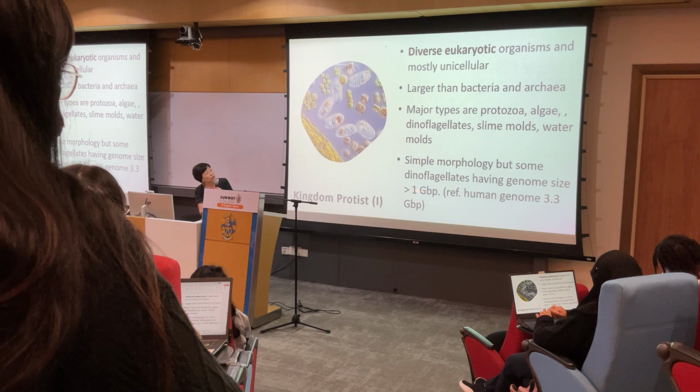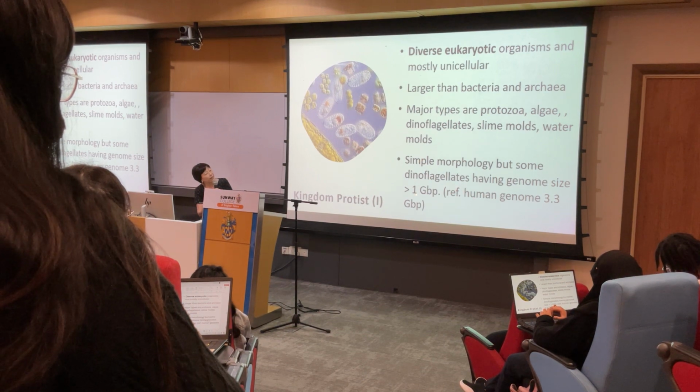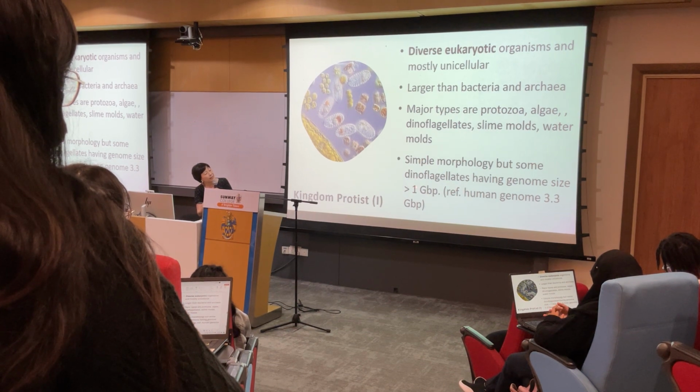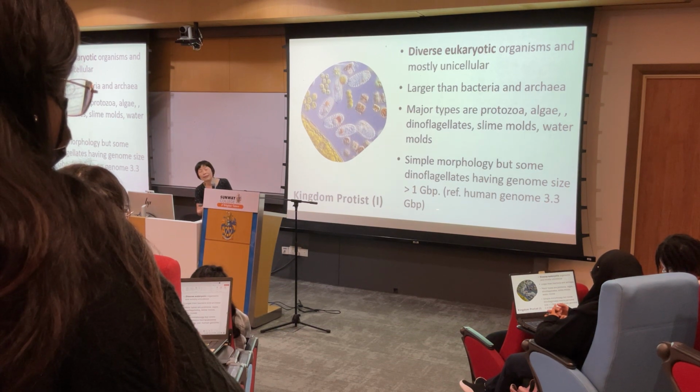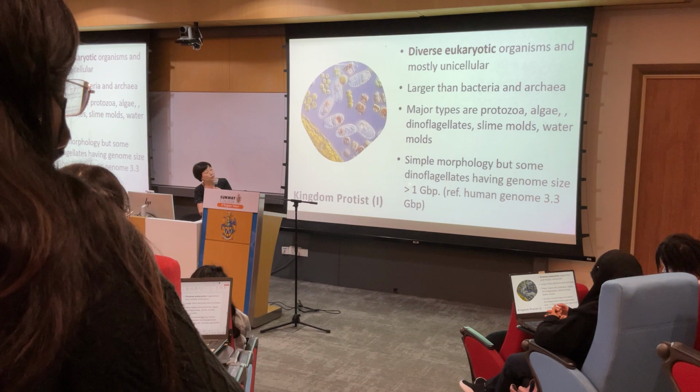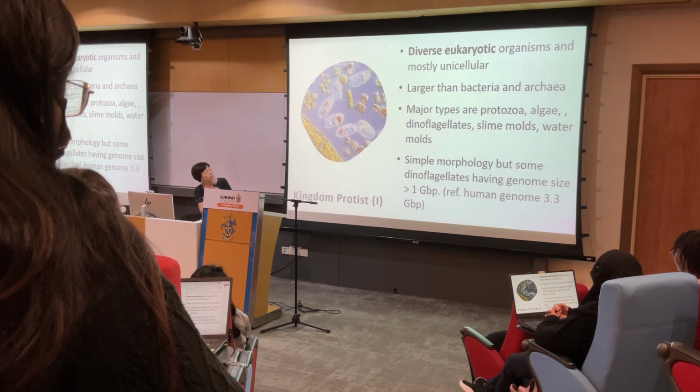But genomically, they are very complex. The human genome size is 3.3 gigabases, but some of them can have a very small genome, maybe about 1,000-fold smaller than human, around 1 gigabase.